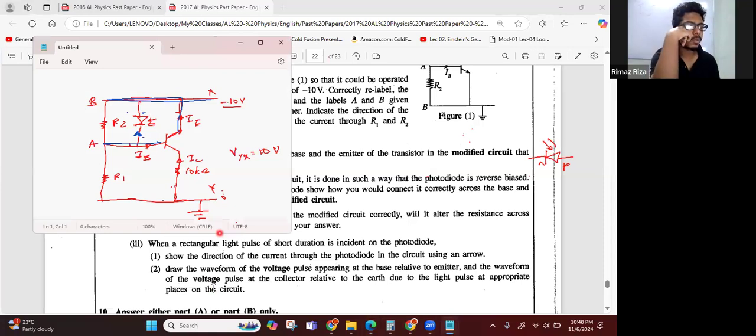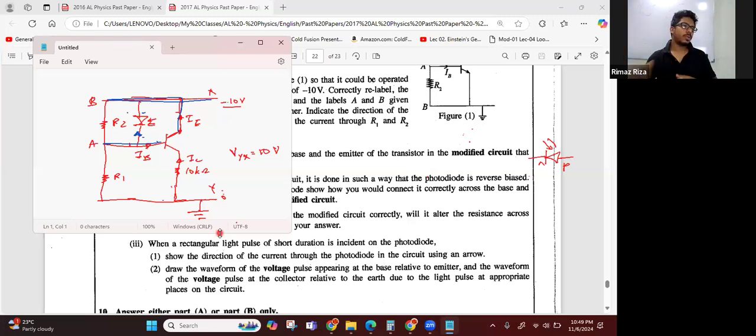Base relative to emitter: a rectangular light pulse is incident on this, so a rectangular current is produced in the base, IB.